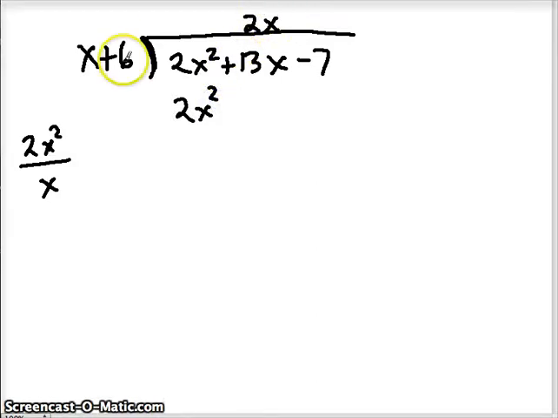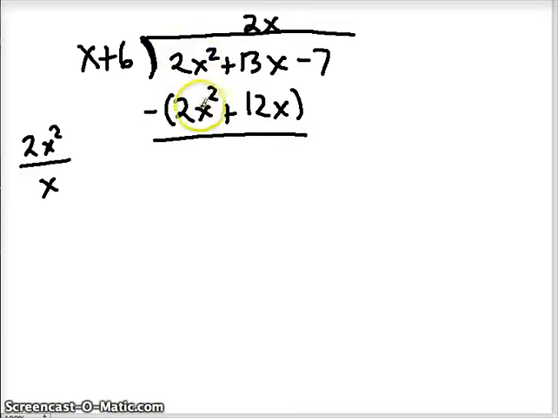And 2x times positive 6 here is plus 12x. And we're going to subtract it. So if we're subtracting this binomial or polynomial, whatever it is, we want to make sure and distribute that negative sign to all of our terms here. So this first term is going to be negative, and this next term is also going to be negative, right?